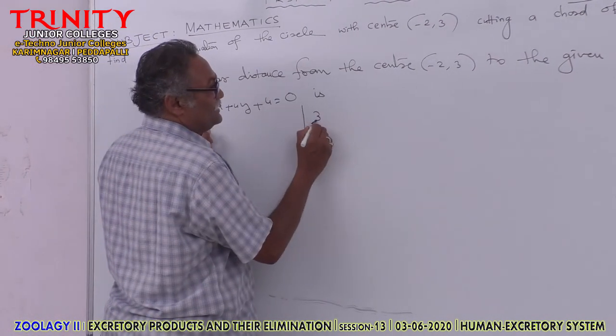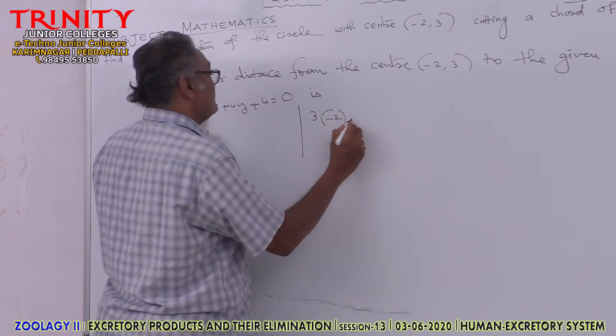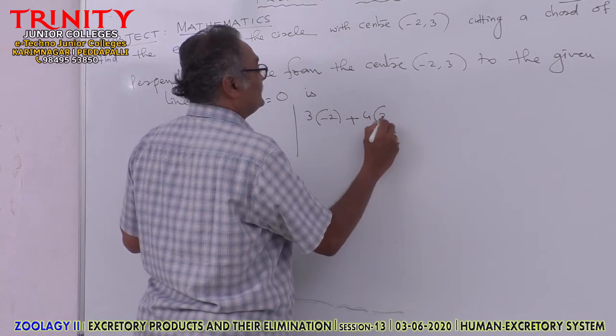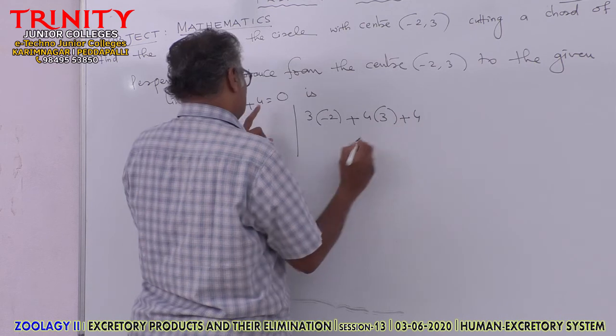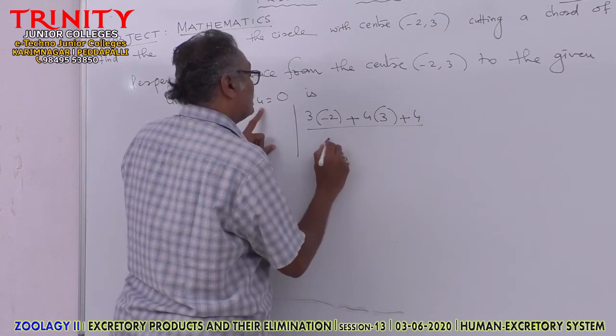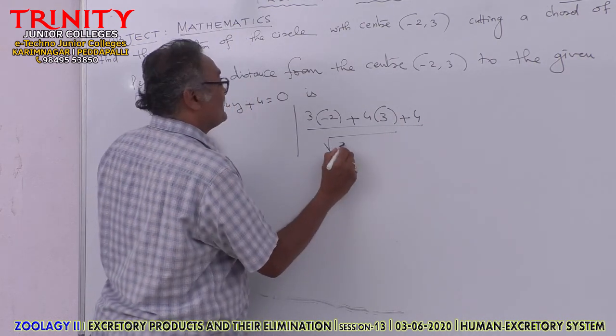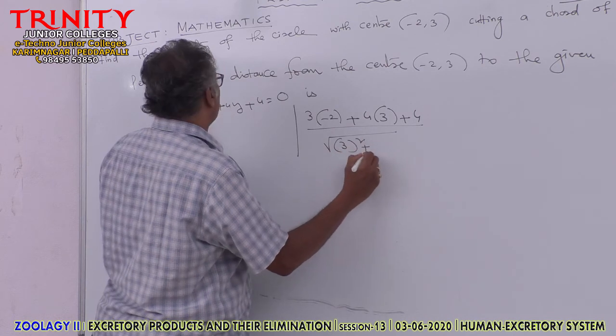That is 3 into -2 plus 4 into 3 plus 4 by square root of a square plus b square.